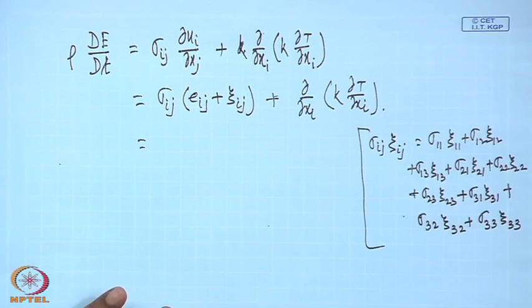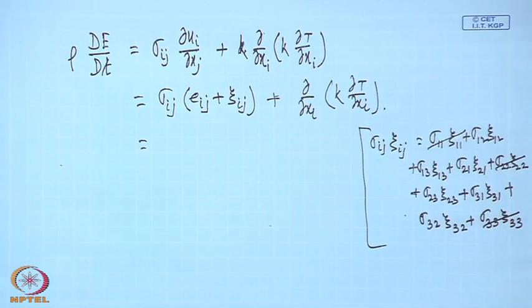See, xi is an antisymmetric matrix, it is half of du i dx j minus du j dx i, an antisymmetric matrix. So all its diagonal elements are 0: xi 11 is 0, xi 22 is 0.